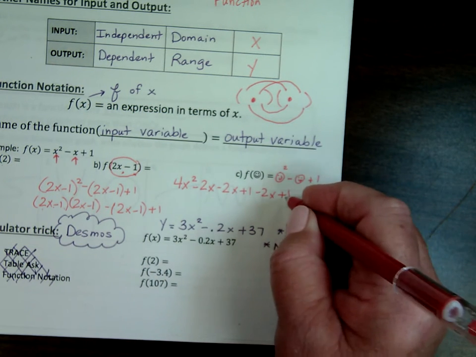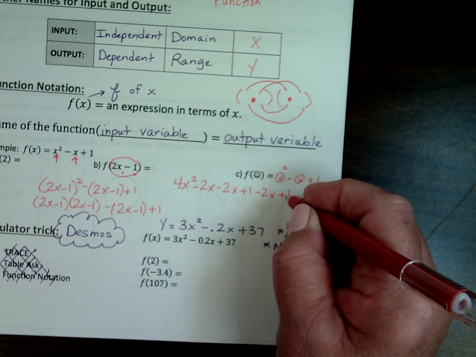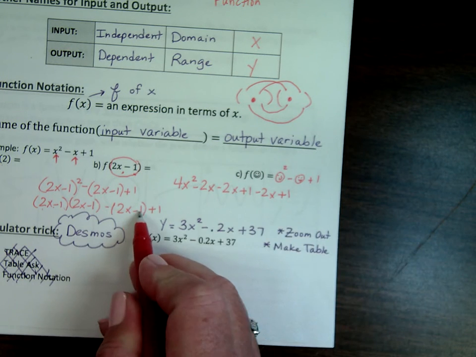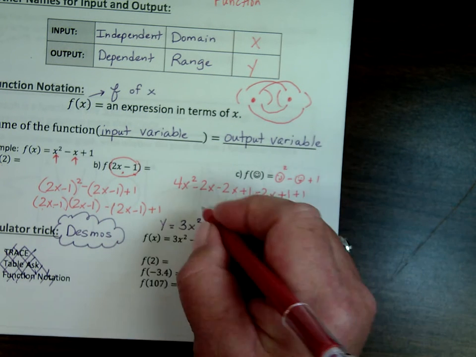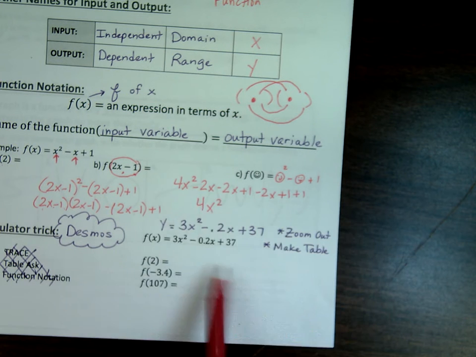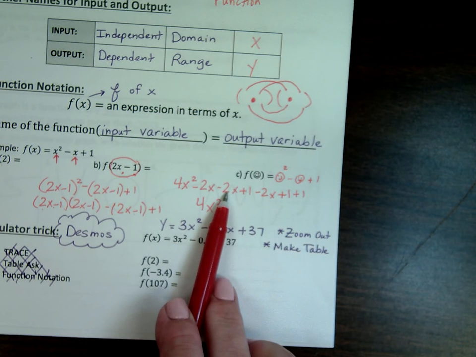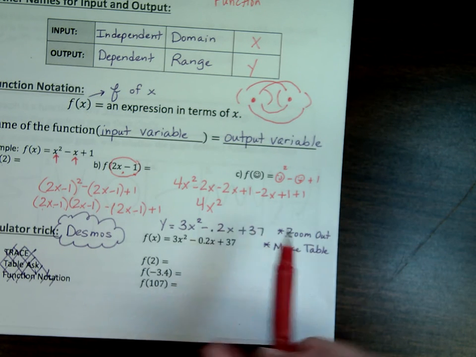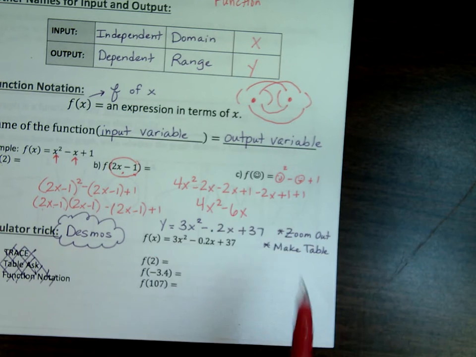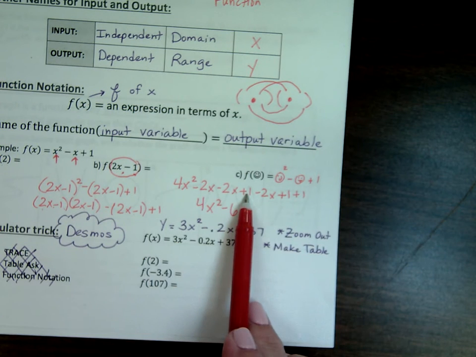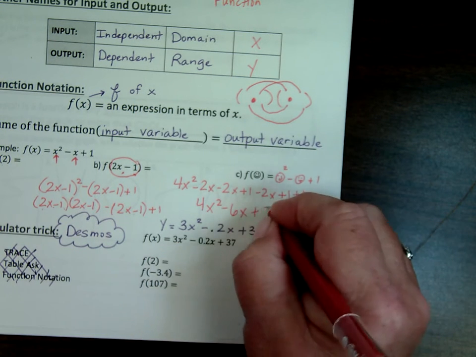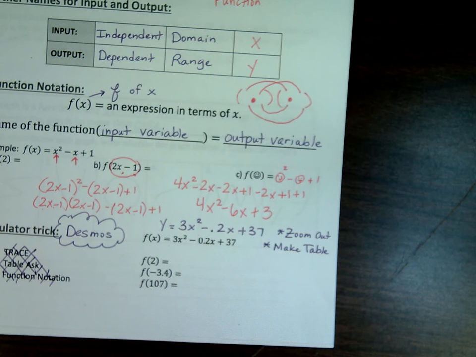That's the mistake that is most common in this problem. So I have a -1 made into +1, plus another 1, combine like terms. Woo. Here we go. -2x is -4x, and another -2x gives me -6x. My final numbers are 1, 1, and 1, so I've got 3, and that is my output from that particular function.